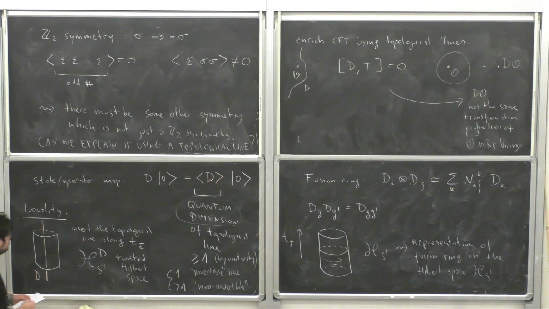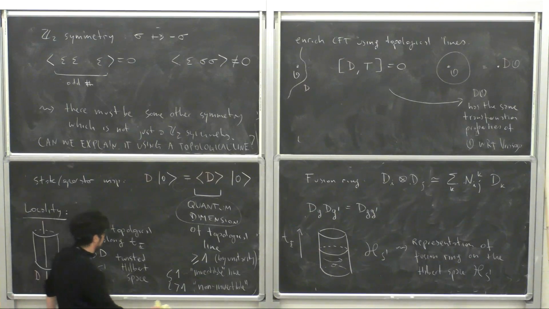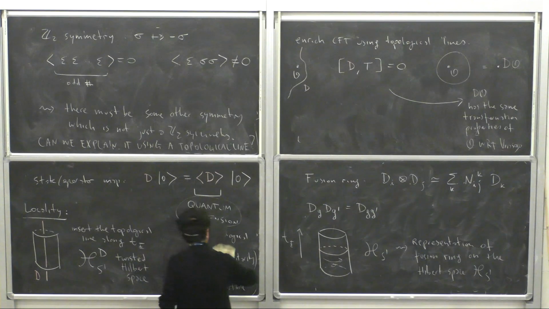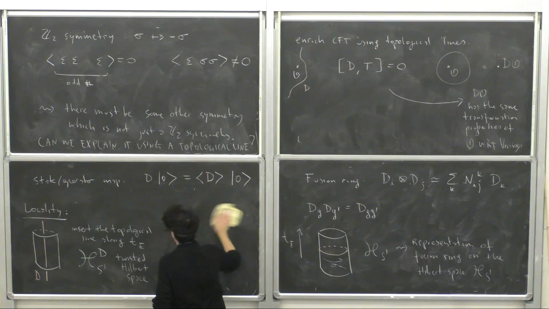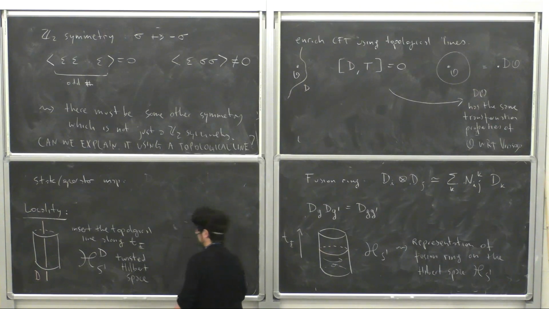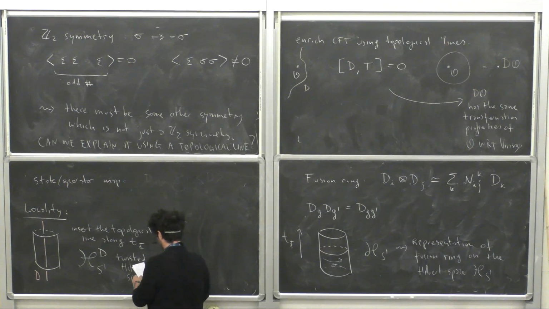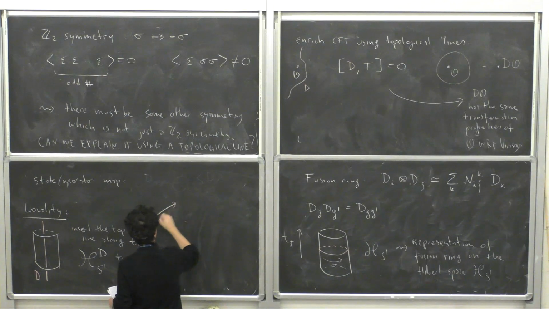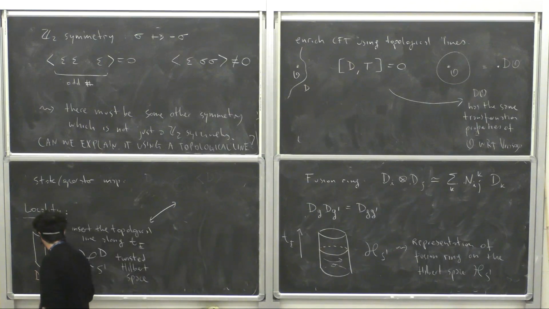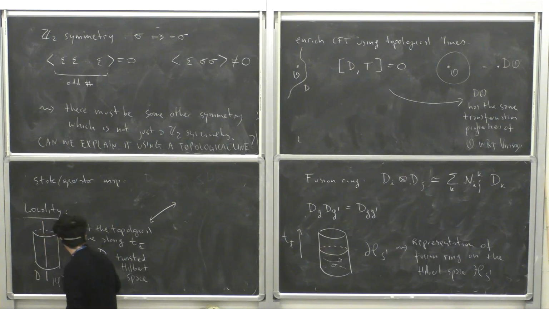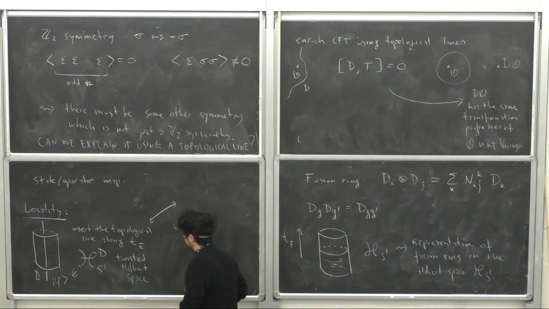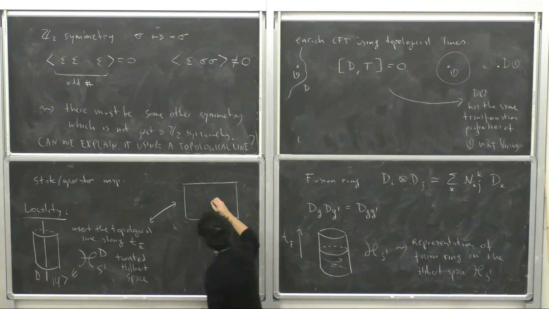So if we carry the twisted Hilbert space across the operator-state correspondence, what happens? What are the elements here? Here we must have a state in this Hilbert space. A state in this Hilbert space corresponds in radial quantization to having an operator inserted here, but this operator is attached to the line.